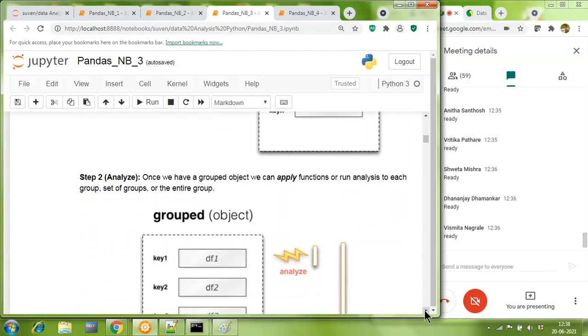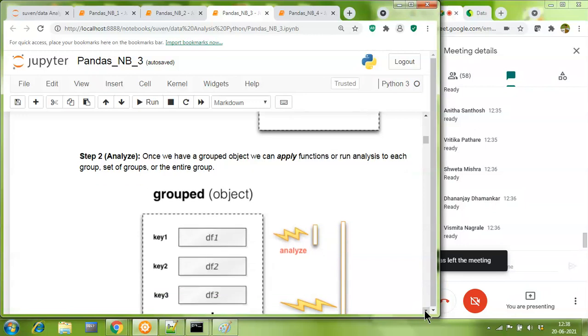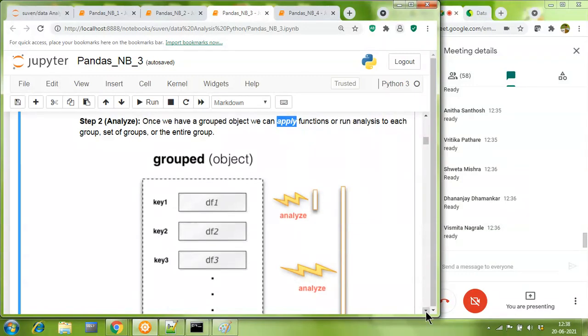Then, why are we trying to use the group by function? Because you want to apply some kind of processing. So step 2 is whatever you wish to apply as your processing function. A good example would be, let's say I want to know what is the average price of the wines country wise. So if you do group by country, you will get many data frames.